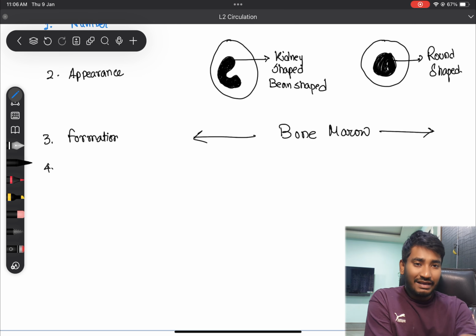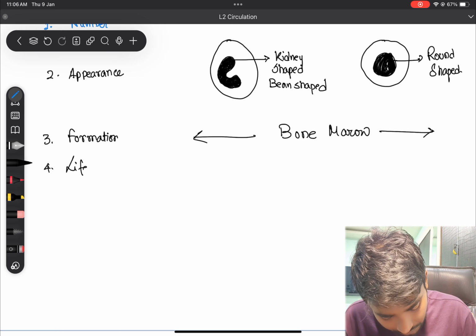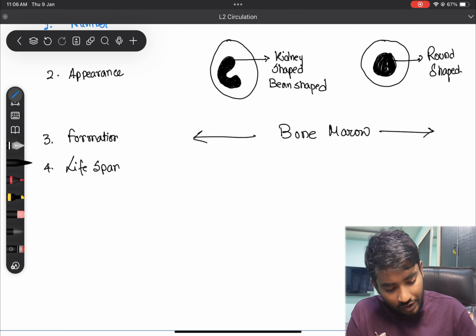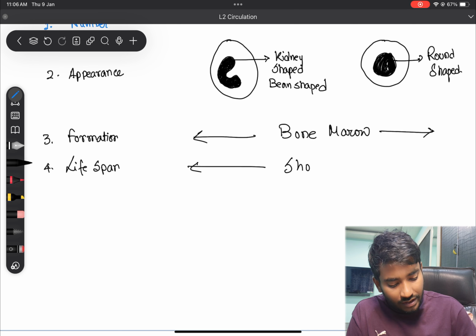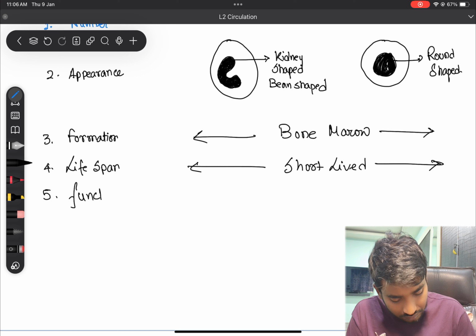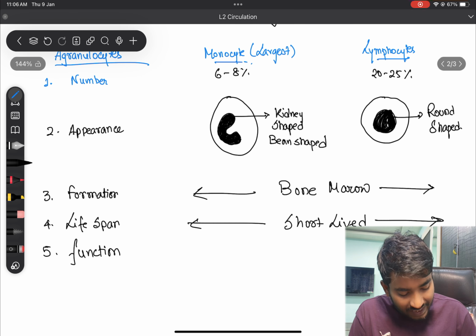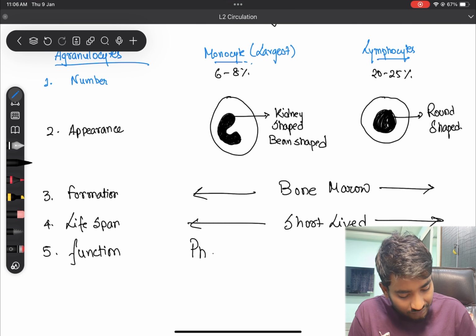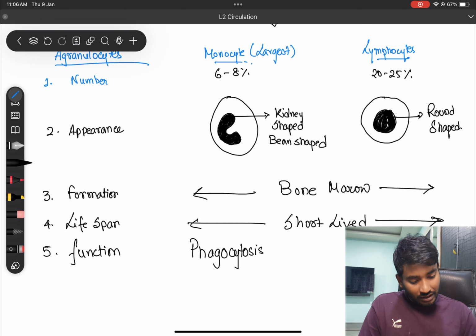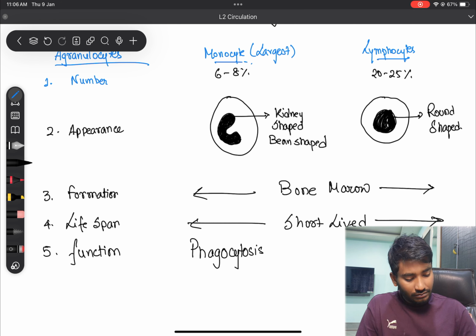Four, lifespan. Short-lived. These are also short-lived. And now the function. The function of the monocyte is phagocytosis. And the function of the lymphocyte is involved in immunity.